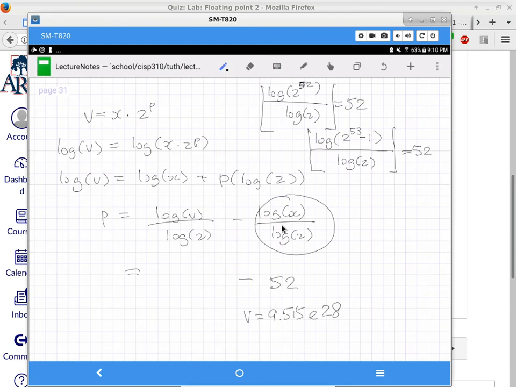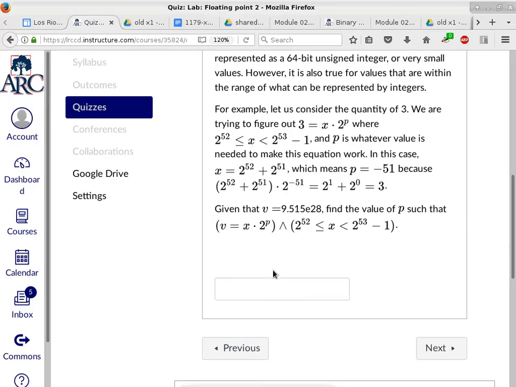Take the log of that. Take the log of 2. Do the division. So I get 96. 96 minus 52 is 44. So this is my answer, 44.